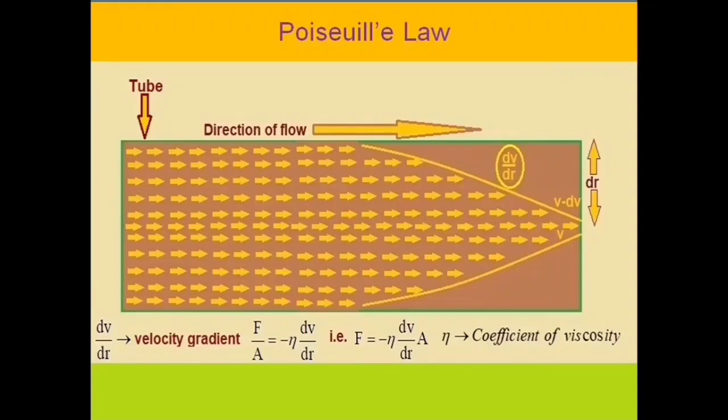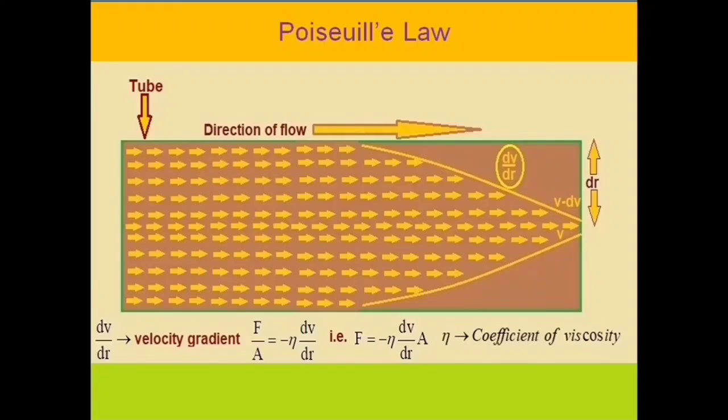Whatever liquid in the tube is flowing is divided into a number of layers. The liquid near the tube sides, that is, the wall of the tube, is stationary.